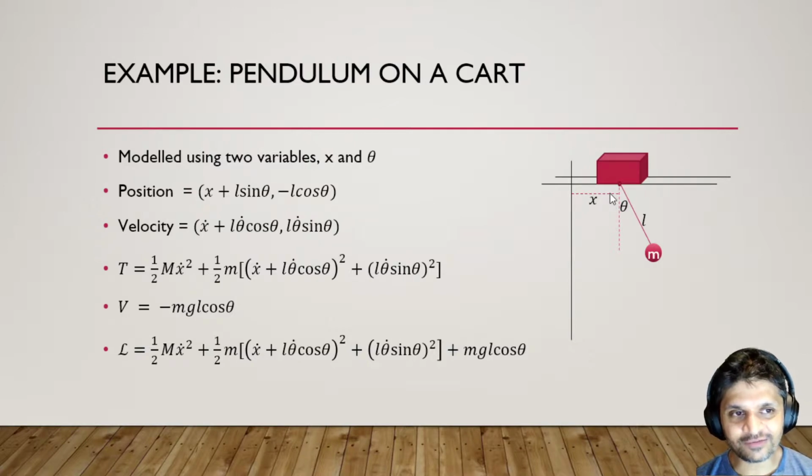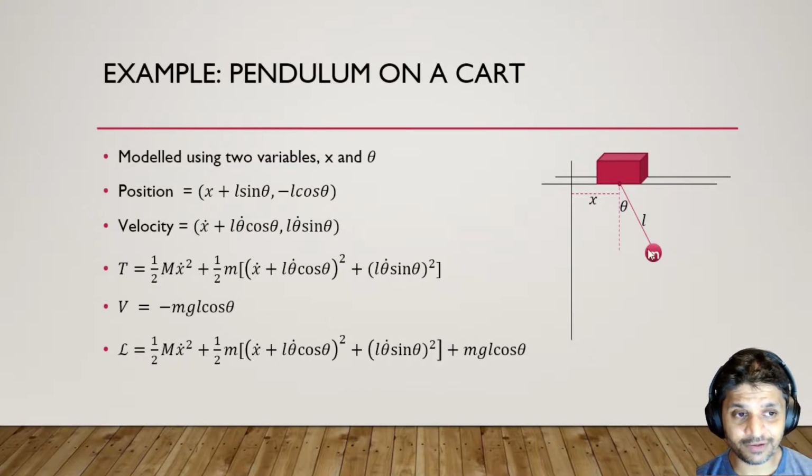So in this case, there's now two variables. There's theta, which describes the angle, the swing of the pendulum. But there's also x, because we said the pendulum can pull the cart, which means we need to keep track of where the cart is. So there's a position of the cart, and then there's a position of the mass which is relative to the cart.